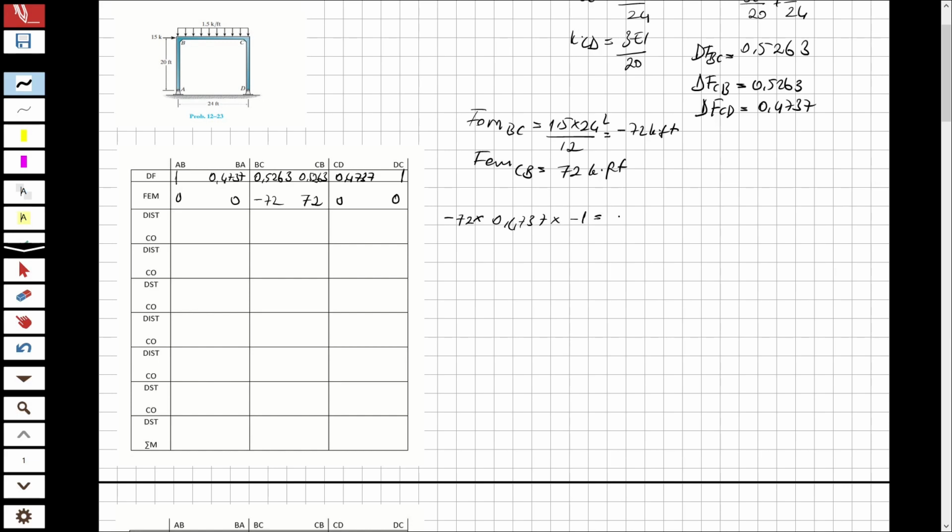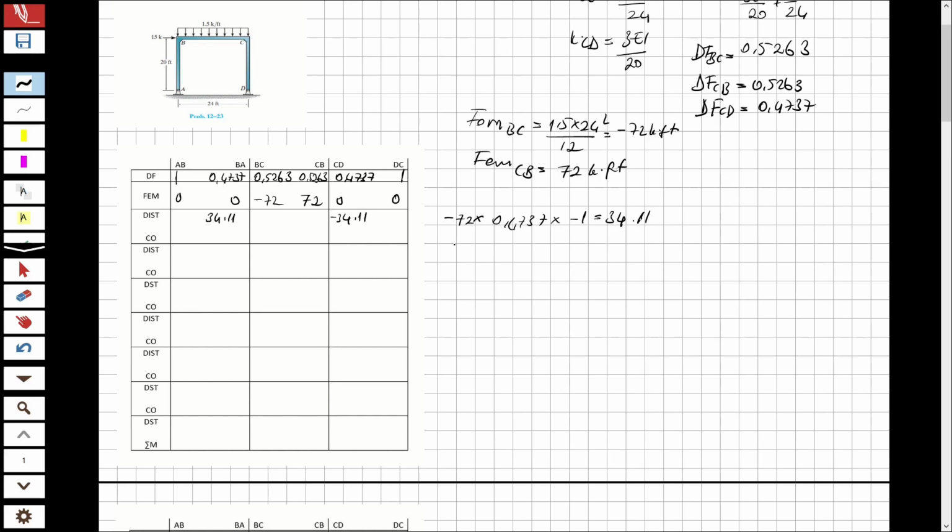So that will be equal to 34.11. So I'm going to write here 34.11. And this is also here, that will be minus 34.11, because 72 times this is the same, times minus 1. I'm going to get the same result, but the negative of that.